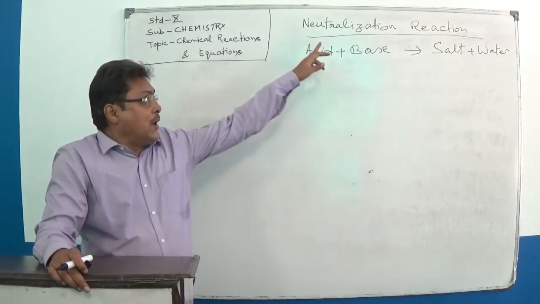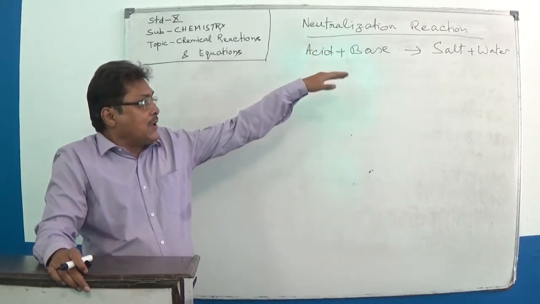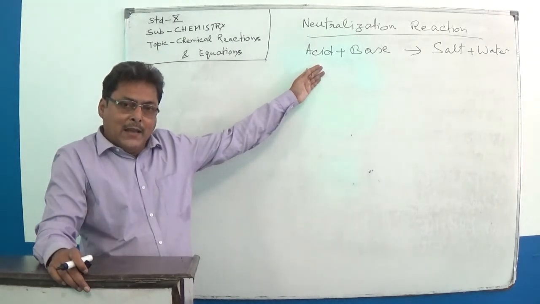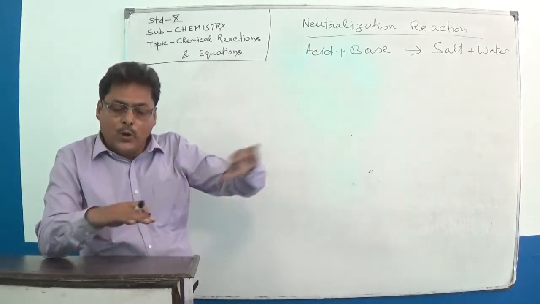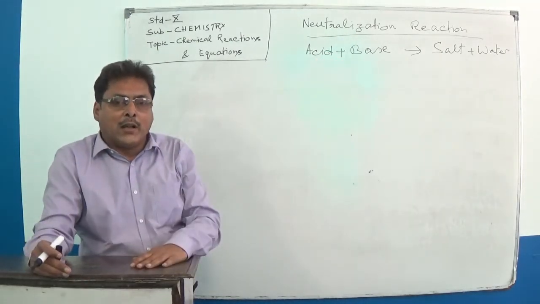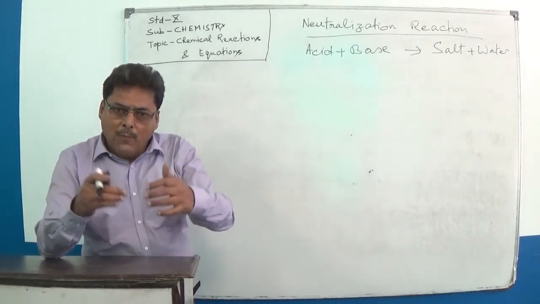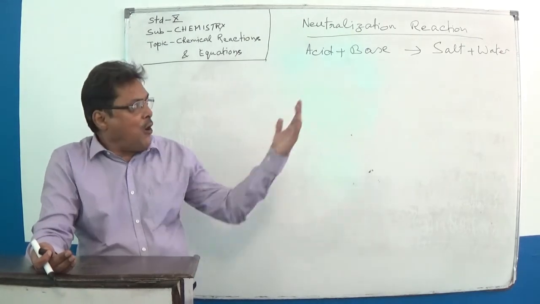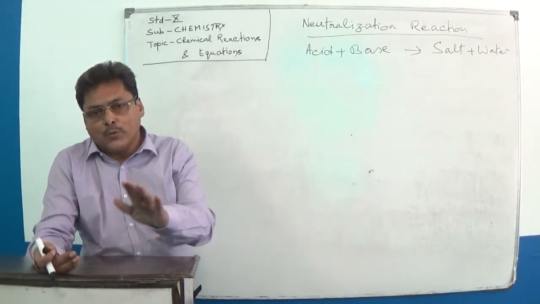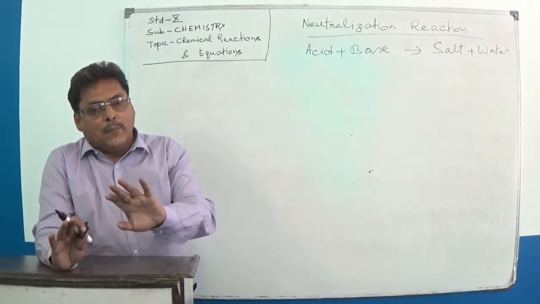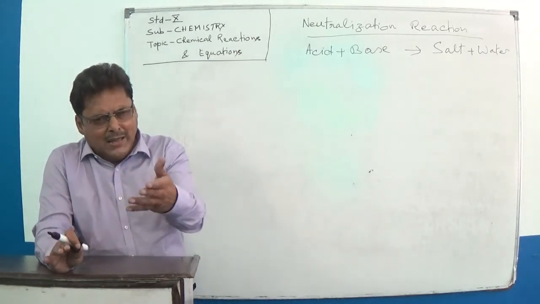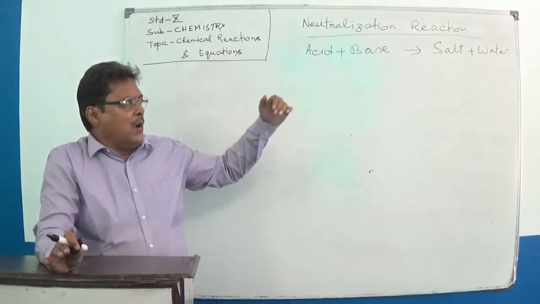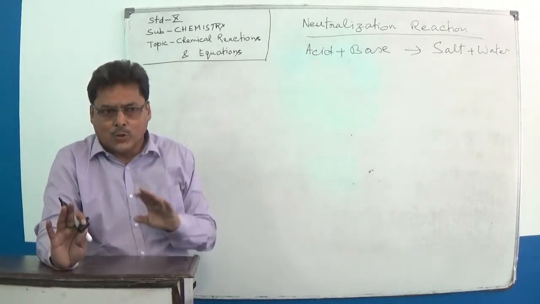This is called a neutralization reaction, because the properties of acid and base, which are opposite to each other, neutralize each other when they come together and form a salt with defined properties with water. This is the basis. We will go into detail in the actual period on acids, bases and salts.